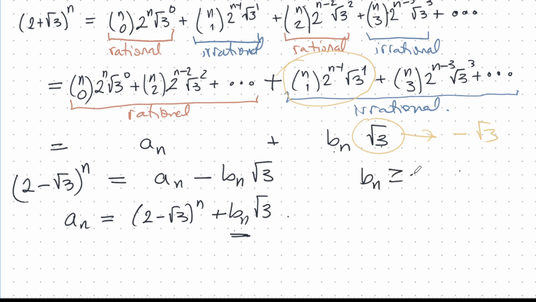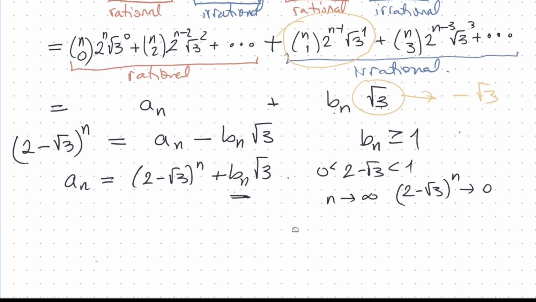Bn is greater than or equal to 1. Now 2 minus root 3 is greater than 0, but it's less than 1. So as n goes to infinity, (2 minus root 3) to the power n goes to 0. Okay, so this might really help me to simplify things, and indeed it really does.